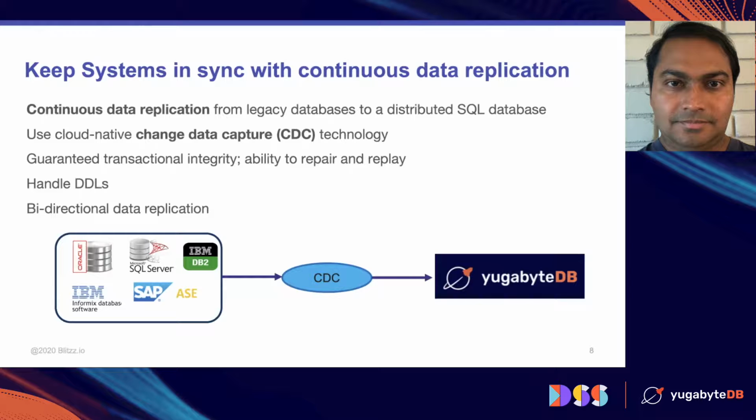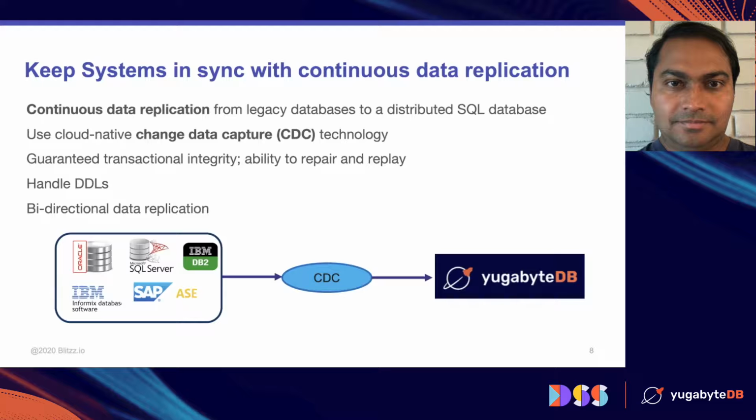If you use a cloud native CDC technology in between, you should be able to get guaranteed transactional integrity, which is, of course, if a transaction shows up in the source database, you would like to get it and apply it in the target, not lose data, not have duplicates, all the good stuff.